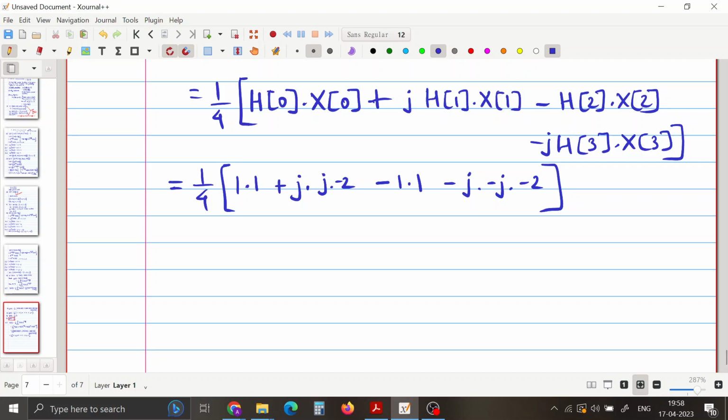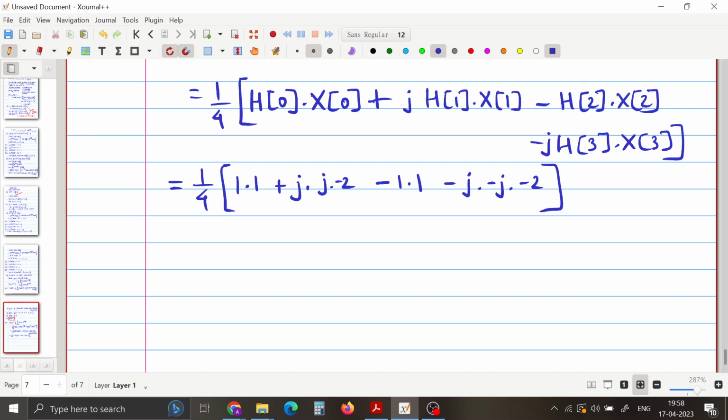and overall, so this 1 and 1, the first and third terms cancel each other, and only the second and fourth terms, they will combine together and survive. So we will actually get, what is j times minus 2? It is 2.